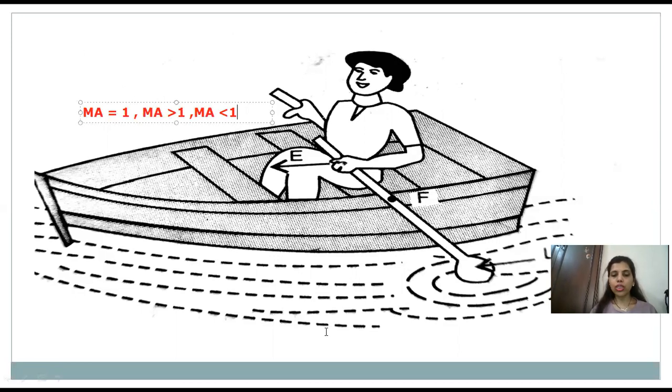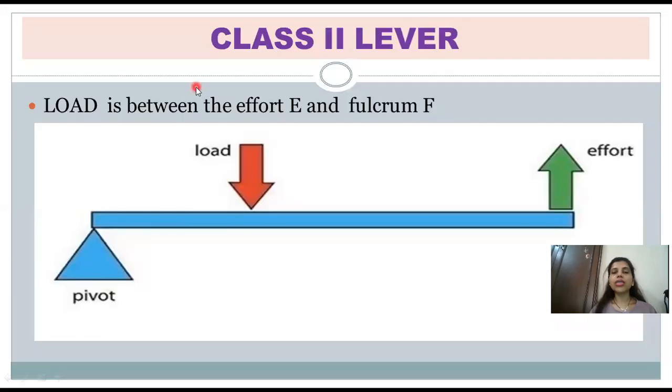Now we go to the next class of lever. So in class 2 lever, as we have already seen, the load is at the center. When the load is at the center, you are going to measure the load arm from the fulcrum till the load.